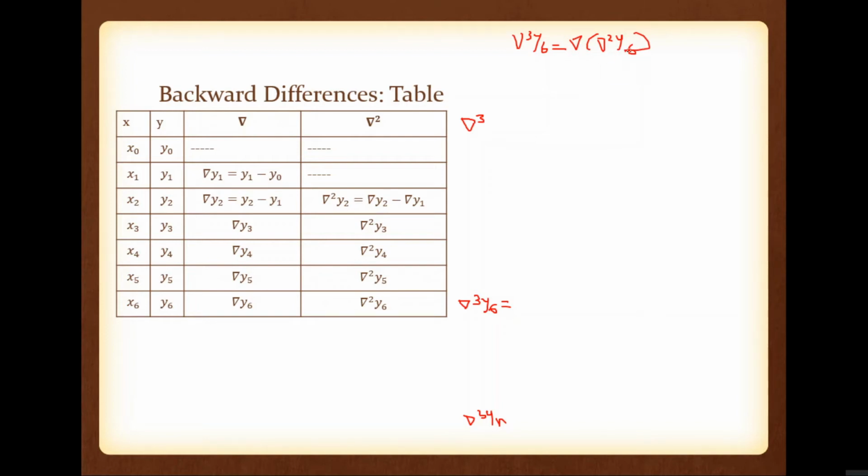So this is a current data minus its previous data. Difference means this data minus its previous data. So it is del square y6, the current data, minus the previous data, del square y5. Like that we can proceed and find del cube y5, etc. The last element that we can find in this column is del cube y3.